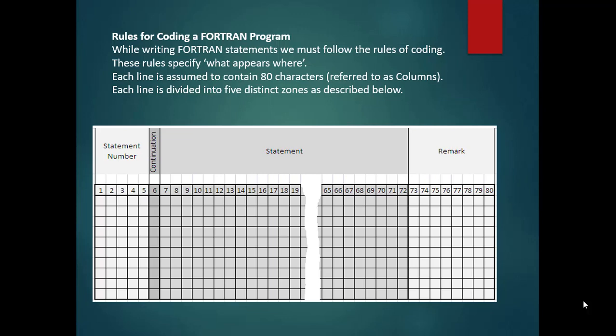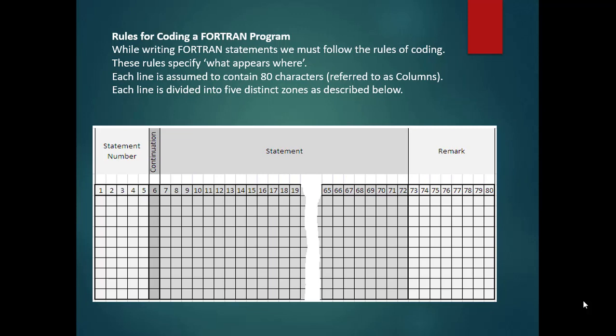So when we consider a particular single line, it will have a maximum of 80 characters, basically a maximum of 80 columns are there, so 80 characters can be the maximum.